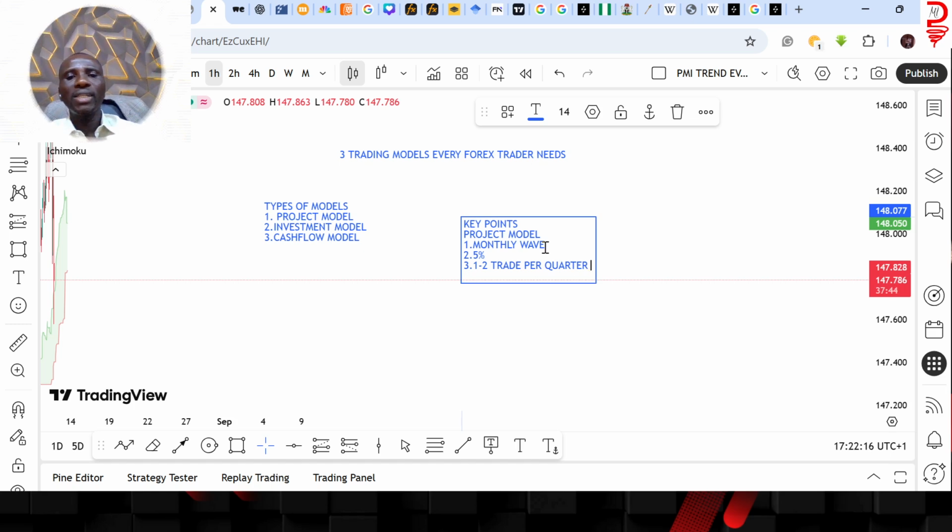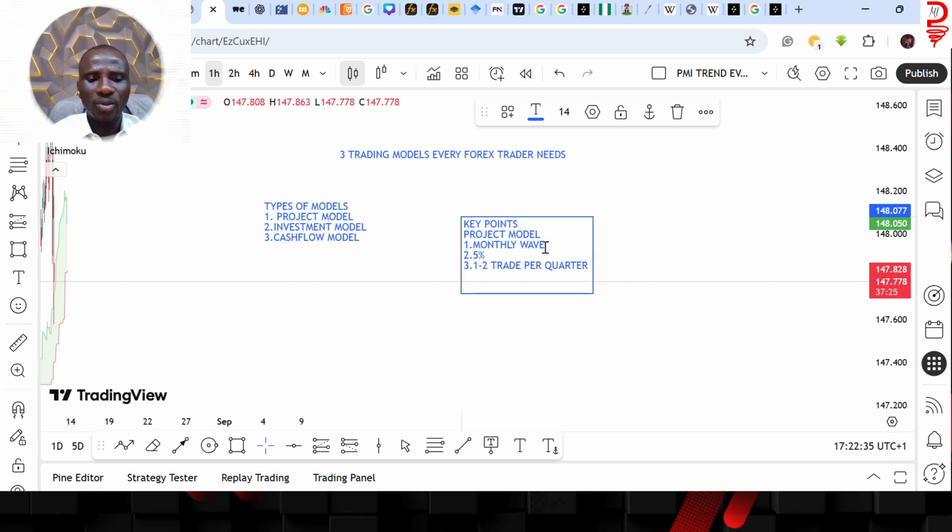Because you only take few trades, we recommend that you risk 5%, and you are expecting to pick one trade per 3 months, or per quarter, or a maximum of 2 trades. Now, this is what will blow your mind for this project account: the risk to reward ratio for this account is 1 to 18.